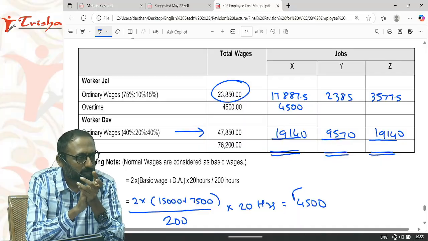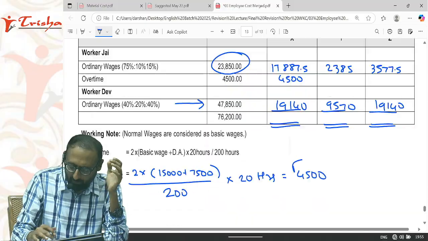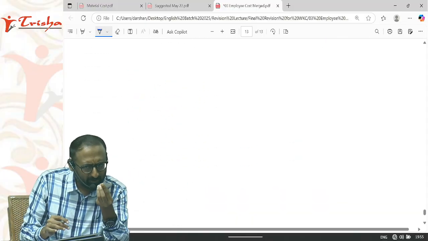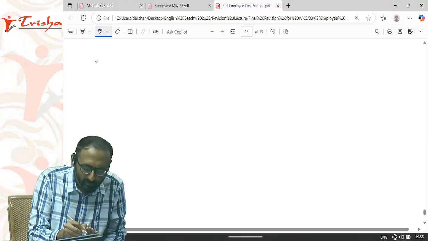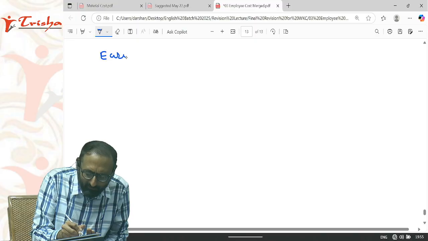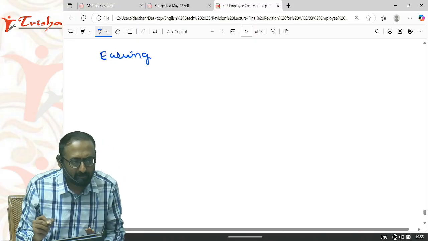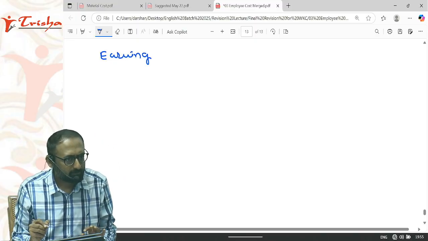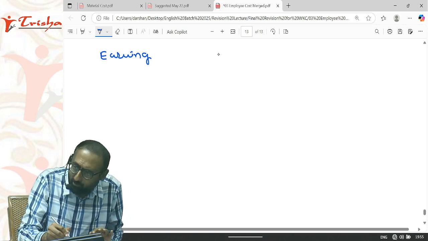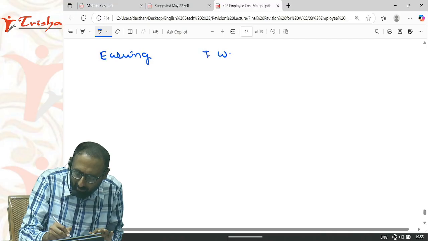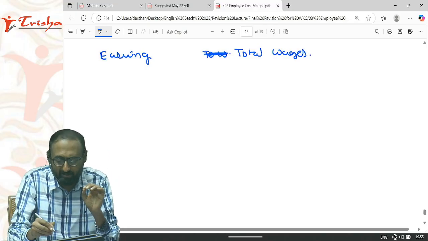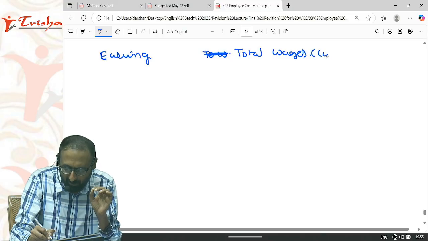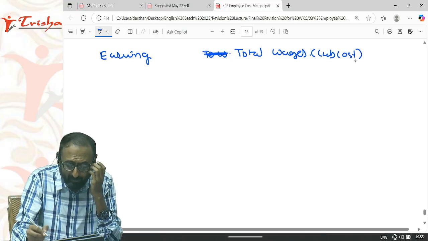Just 1 minute is required to sum these up. If I want to calculate earnings of the worker, tell me what I will write. Second, if I want to calculate total wages, meaning labor cost, what will I write?